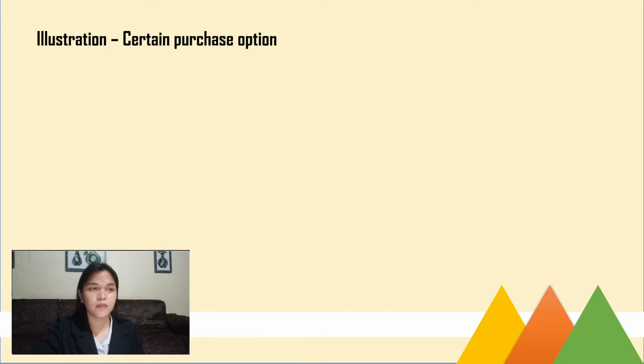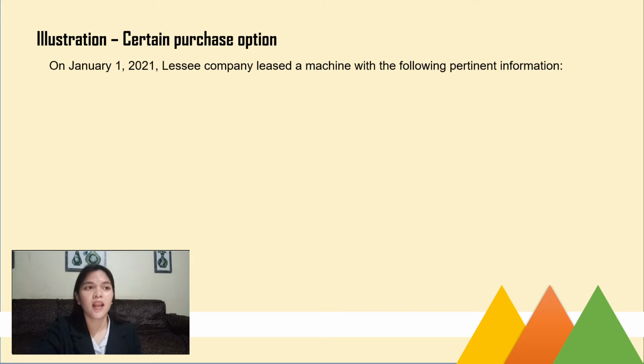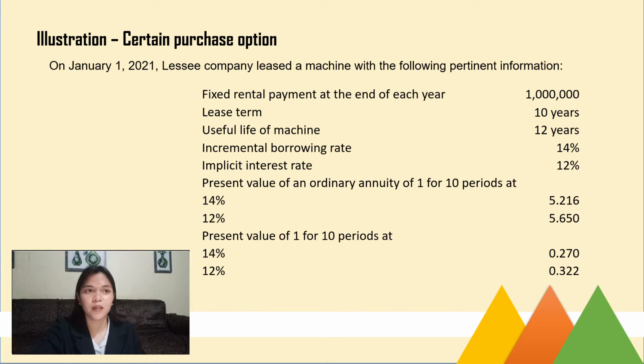Illustration of certain purchase options. So, on January 1, 2021, lessee company leased a machine with the following pertinent information. Fixed rental payment at the end of each year amounting to 1 million. Then, lease term of 10 years, useful life of machine 12 years, incremental borrowing rate of 14%, implicit interest rate of 12%.